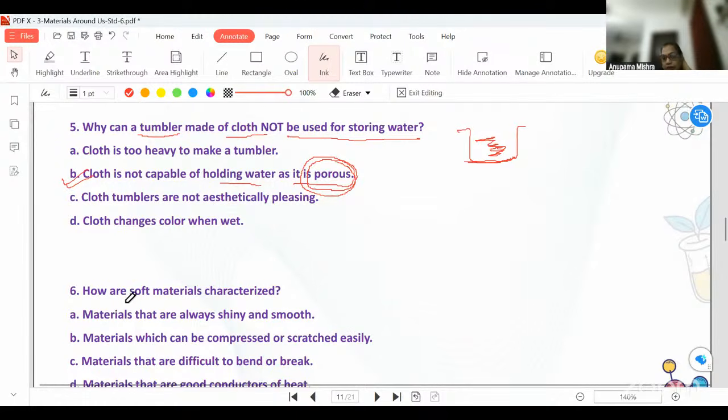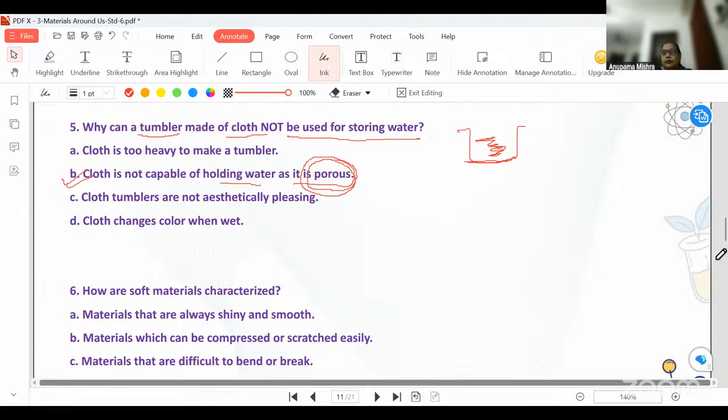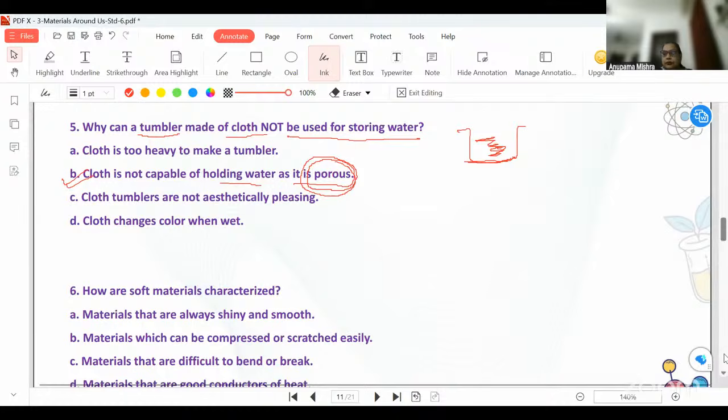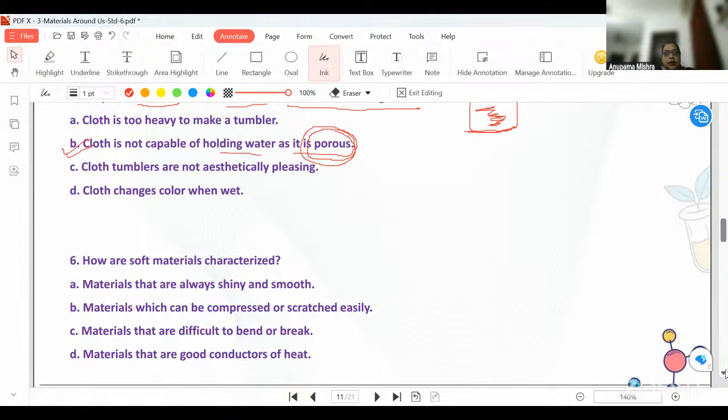Then, number six: how are soft materials characterized? Tell me. Materials that are always shiny and smooth, materials which can be compressed or scratched easily, materials that are difficult to bend or break, or materials that are good conductors of heat.